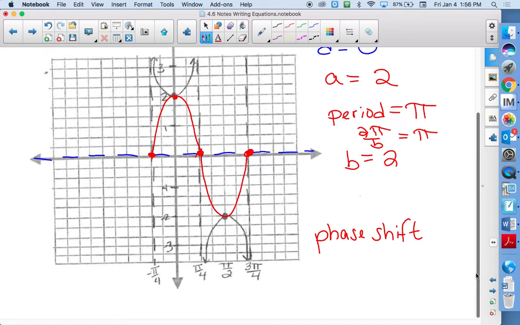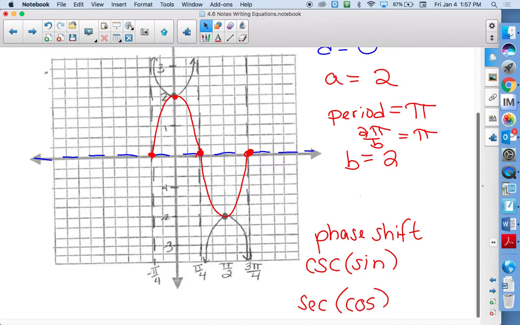And then the last thing, we want to find the phase shift. So we're going to look at where the sine touches the sinusoidal axis, that's cosecant. And for the secant, we're looking at the cosine graph, and for the cosine graph, we're always looking at that highest point. So a sine graph would start in the middle.